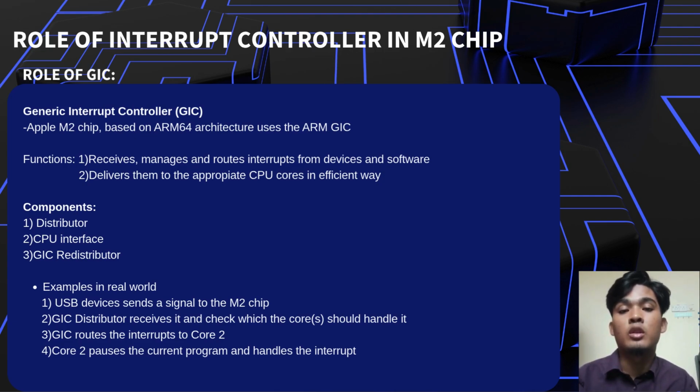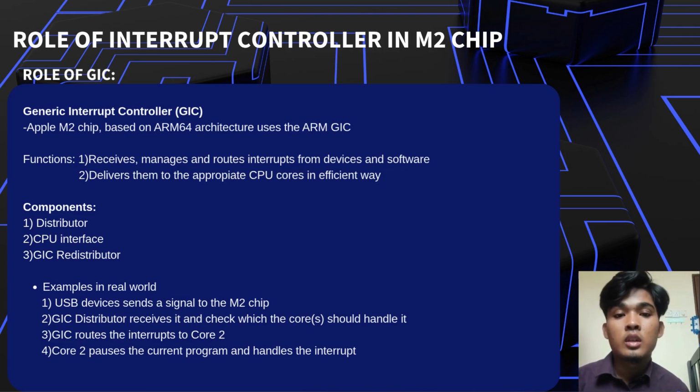To make this more concrete, let's walk through a real-world example of how an interrupt is handled in M2 chip. First, imagine that you plug in USB device to your MacBook Pro 2022 that uses Apple M2 chip. This interrupt signal is received by GIC distributor and it quickly determines which core is suitable to handle this USB event.